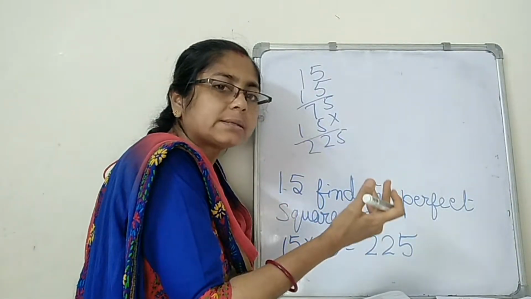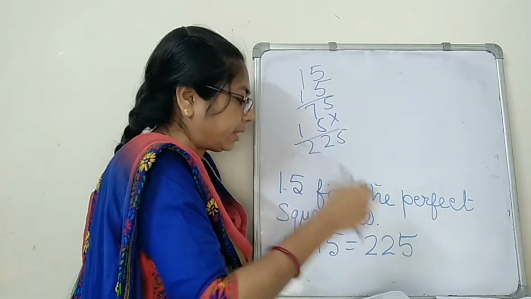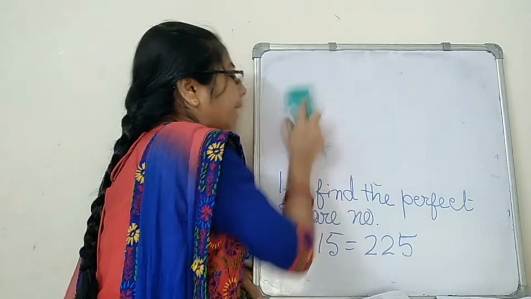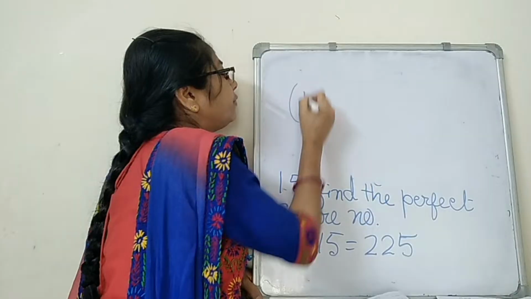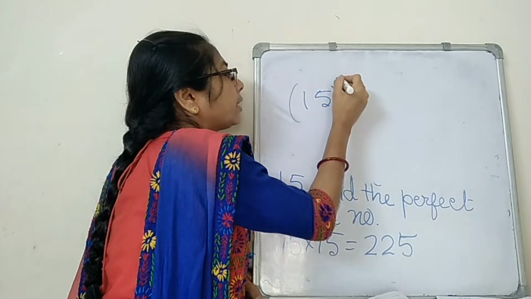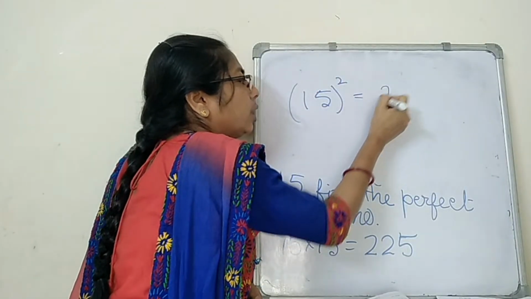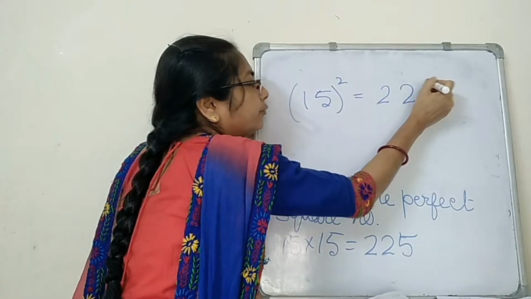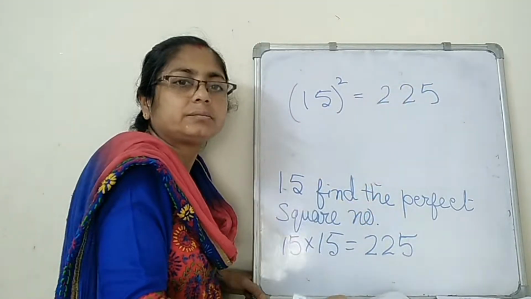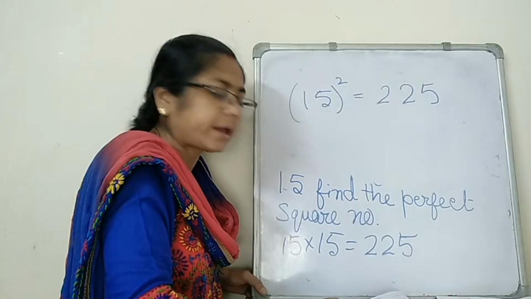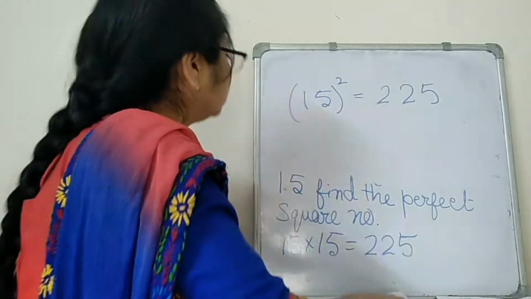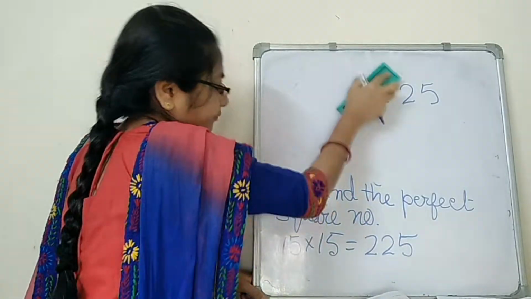Whose square is it? It is the perfect square of 15. So, how can I write? I can write in this way: 15 square equal to 225. Clear? Okay. Now I go to the next maths.